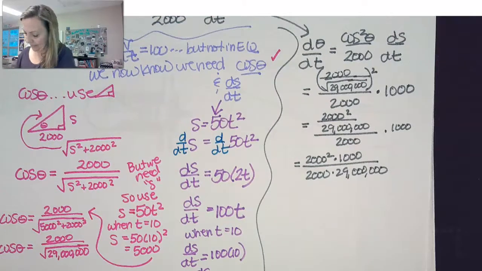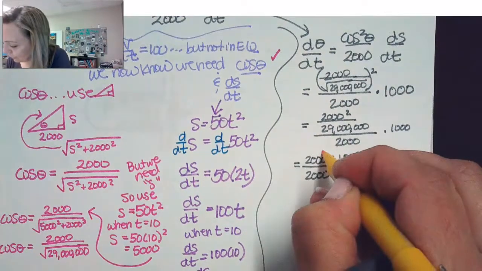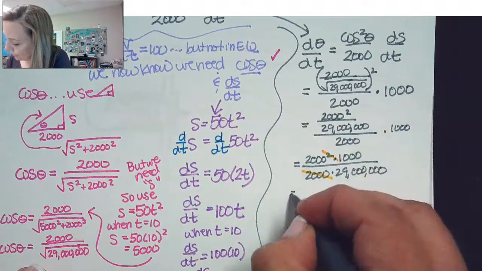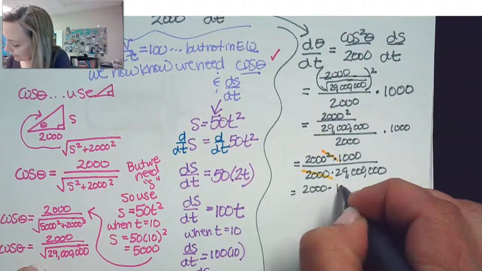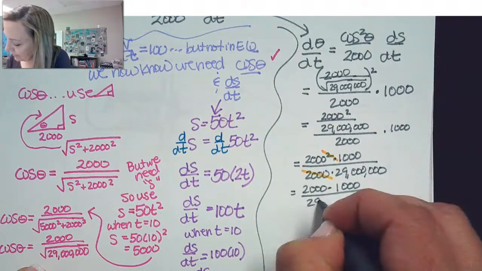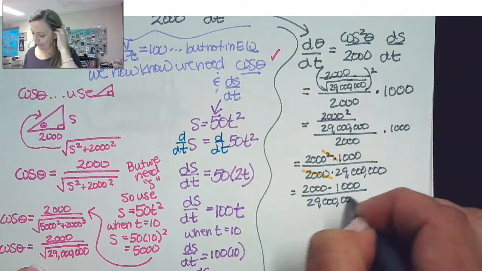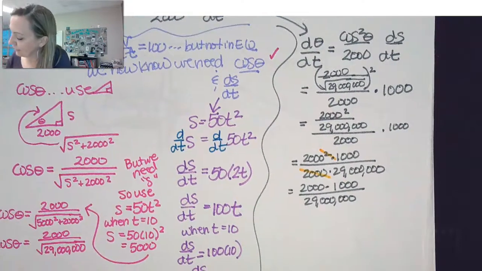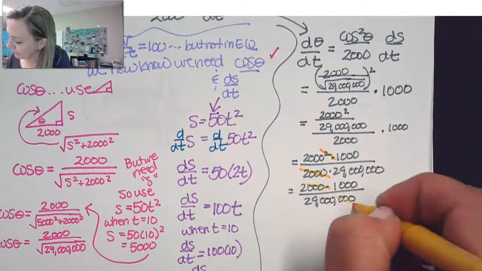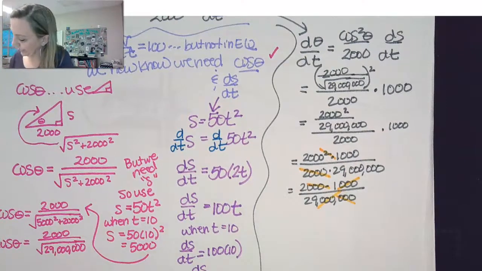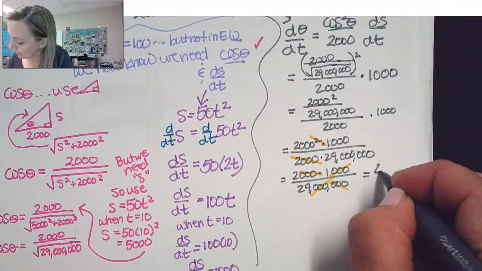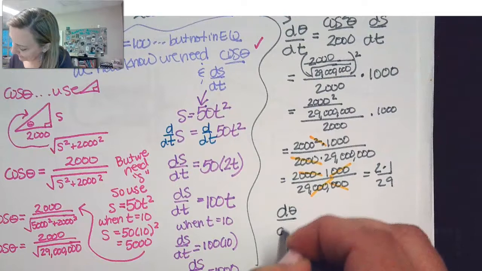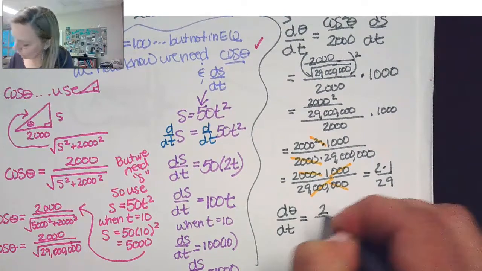One of these 2,000s can cancel. So essentially I have 2,000 times 1,000 over 29 million. You could put this in the calculator, I guess, and simplify faster. You can cancel 1,000 from the 2,000 and then 1,000 from the 1,000 to really get that this is 2 times 1 over 29. And so what that tells us is that my d theta dt is going to be 2 over 29.